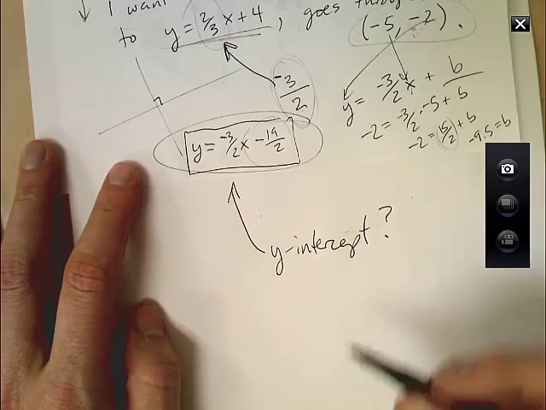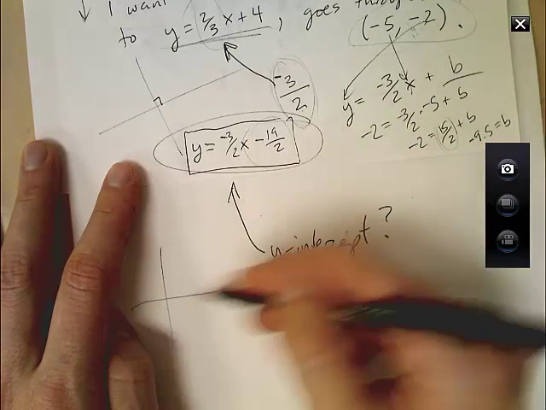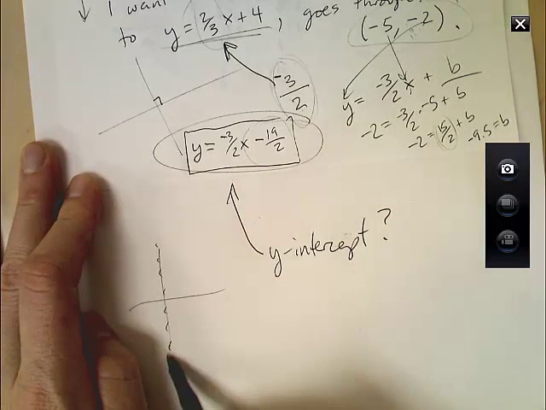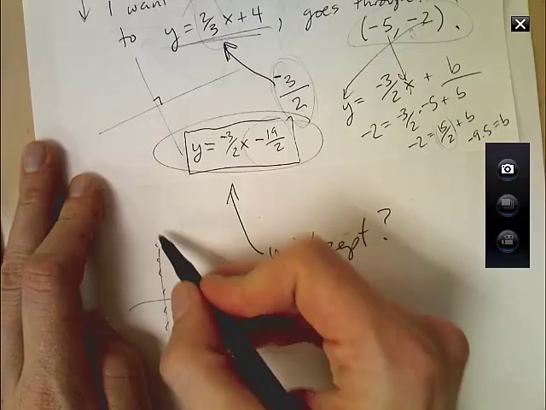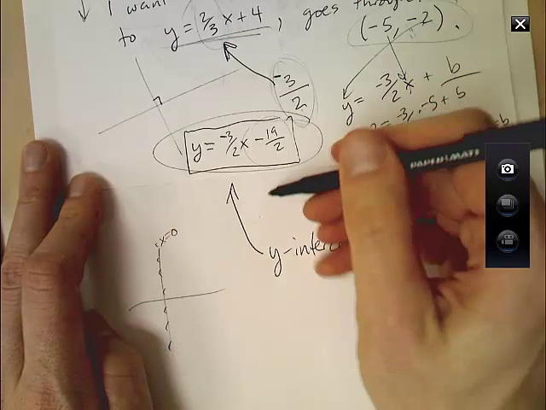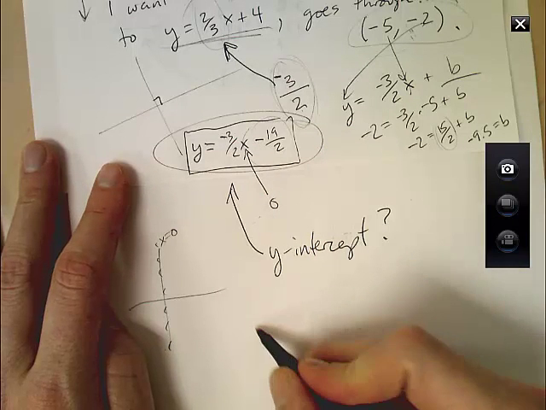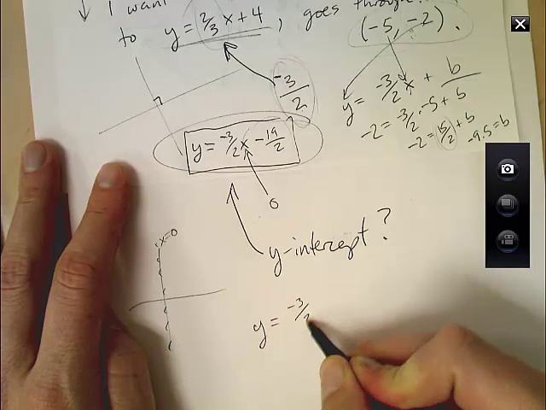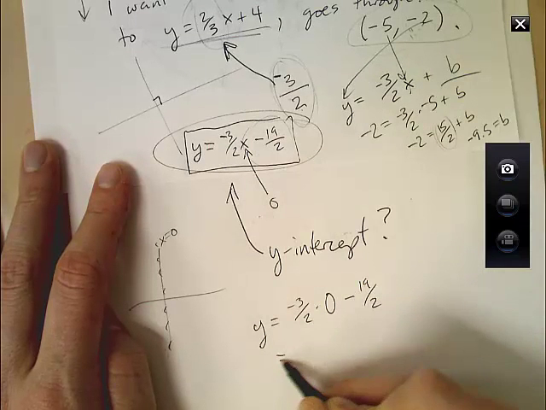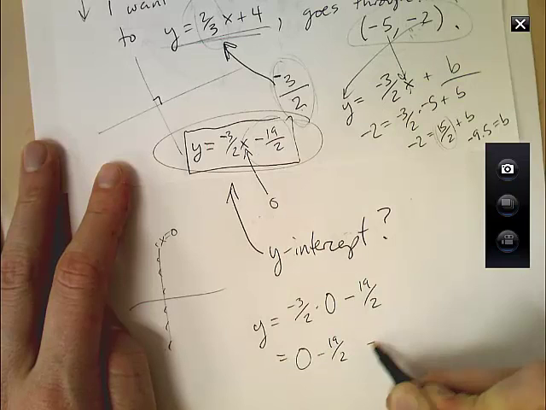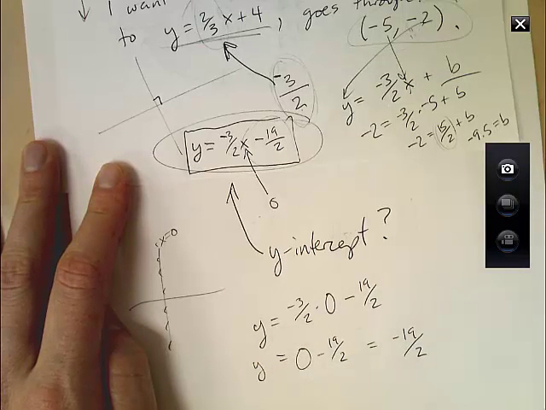The reason for that is that on the y-axis, x equals 0. At every single point on the y-axis, x is equal to 0. That means if I substitute 0 in there for x, I'll get the y-intercept. In other words, y equals, I'm putting 0 in for x, and what happens? See? y equals this. That's my y-intercept.